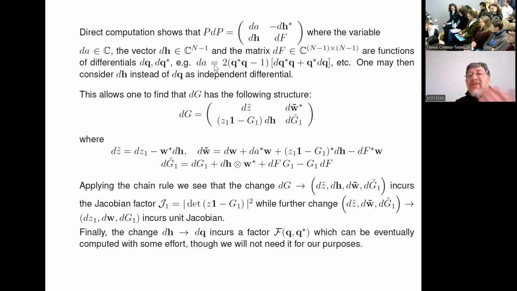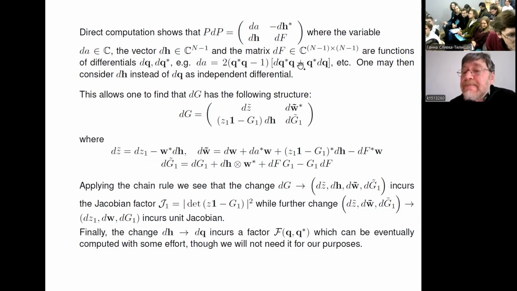For example, the simplest one is this dA, which I give explicitly in terms of differentials of Q, and similar but much more cumbersome explicit expressions exist also for these differentials. For the time being, let us consider A, H, and F as new variables, and then we express in terms of them, and calculate in one more step the transition from our variables.